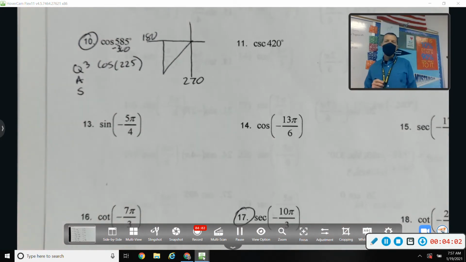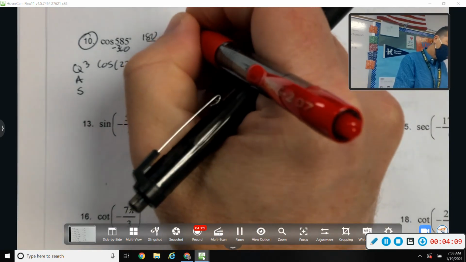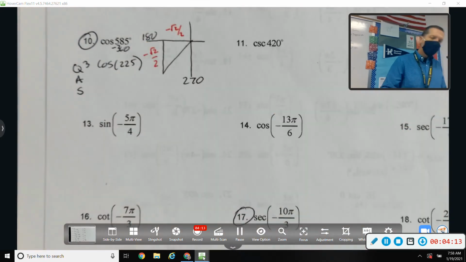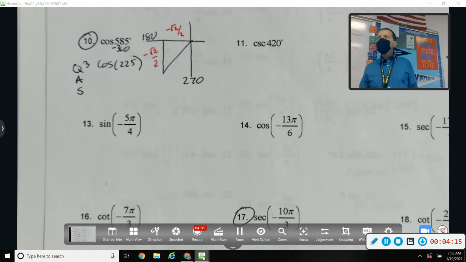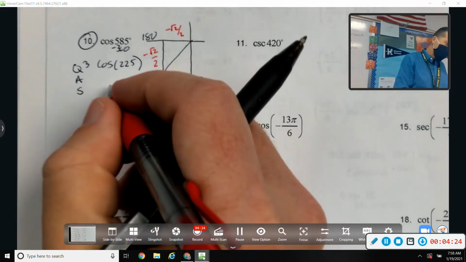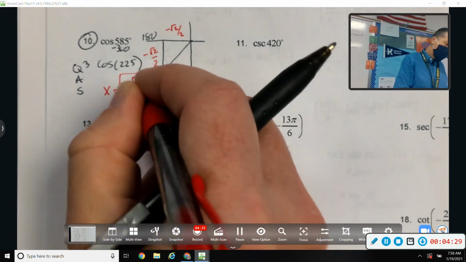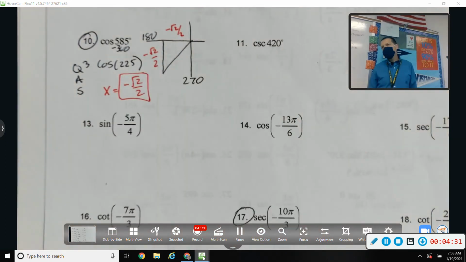So 225 is a middle. And if it's a middle, they're both root 2 over 2. And they're both negative. Good. And cosine, although even if you get it backwards on this one, you'd be okay. Cosine is which coordinate? The x coordinate. So that's how we do the unit circle without drawing the whole thing.